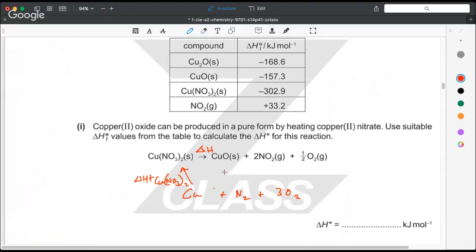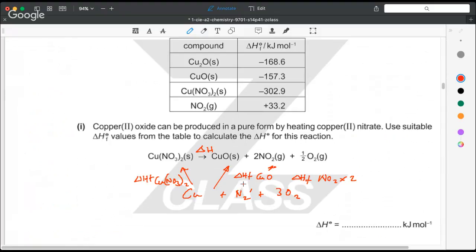And then that going there would be the standard enthalpy of formation of copper oxide. And that one going to there is going to be the standard enthalpy of formation of nitrogen dioxide. And you can actually see we're making 2 moles of nitrogen dioxide. So we're going to have twice the enthalpy of formation of nitrogen dioxide because we're making 2 moles of it.